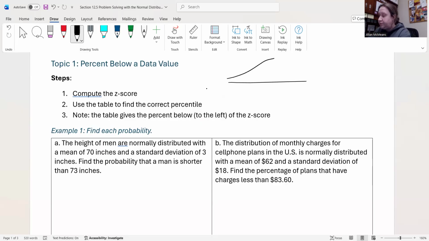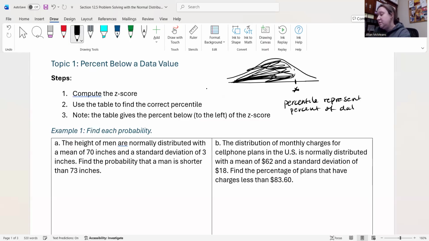So if I have a data item that is right here, okay, the percentile is going to represent this. So the percentile represents the percent of data to the left of a specific value in the distribution.